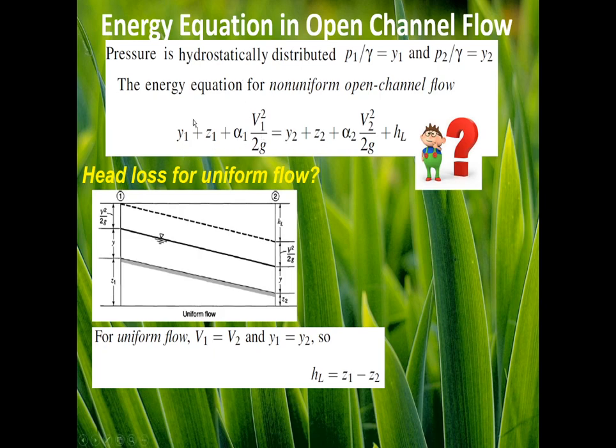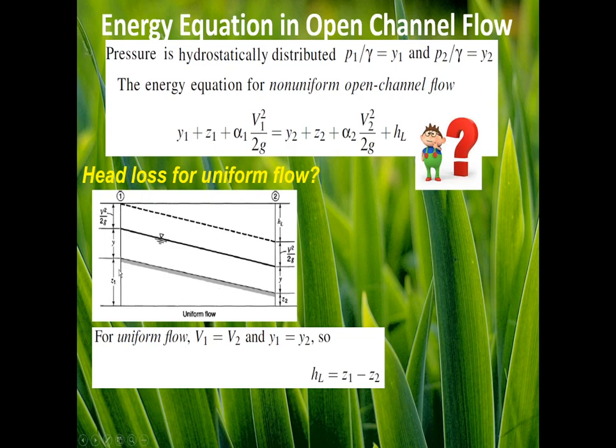You can remove y1 because it equals y2, and you can remove the term of v1 equals v2. What will remain? The remainder is z1 equals z2 plus hl. Therefore, you can find HL will be equal to Z1 minus Z2.